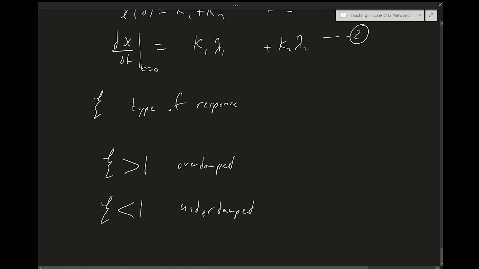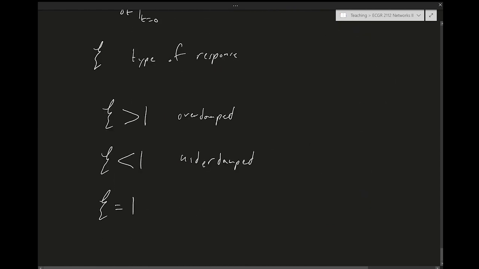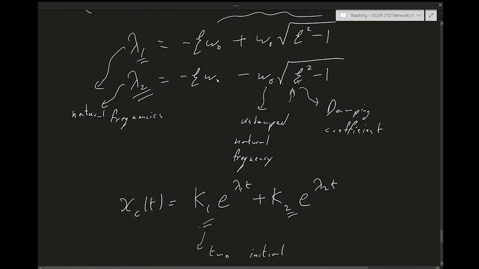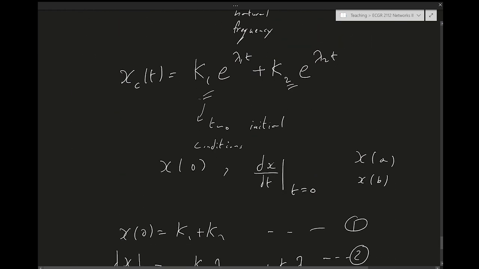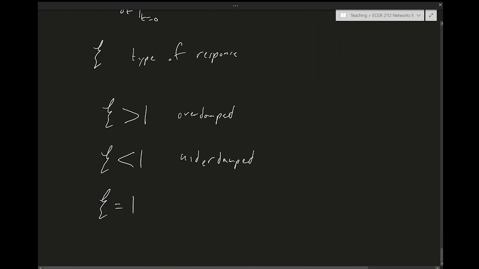And then there's zeta equals 1, right smack in the middle, where this whole term becomes 0, right? And this is what's called a critically damped system. Okay? And each one of those will give us a different form of the response.